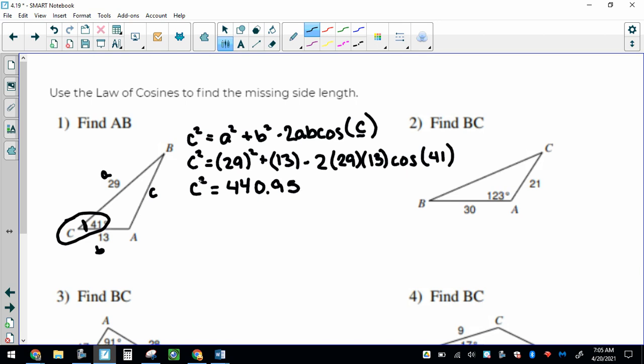And remember, your last step, the opposite of squaring something is to take the square root. Since we have decimals, you can't do factor trees, so this one just gets typed into the calculator. When I do that, I get 20.99, which rounds up to be 21.